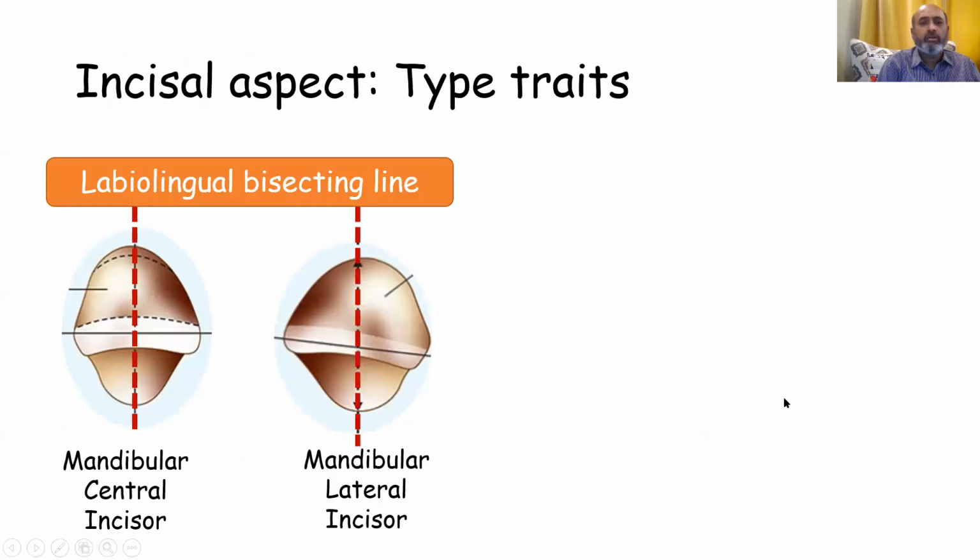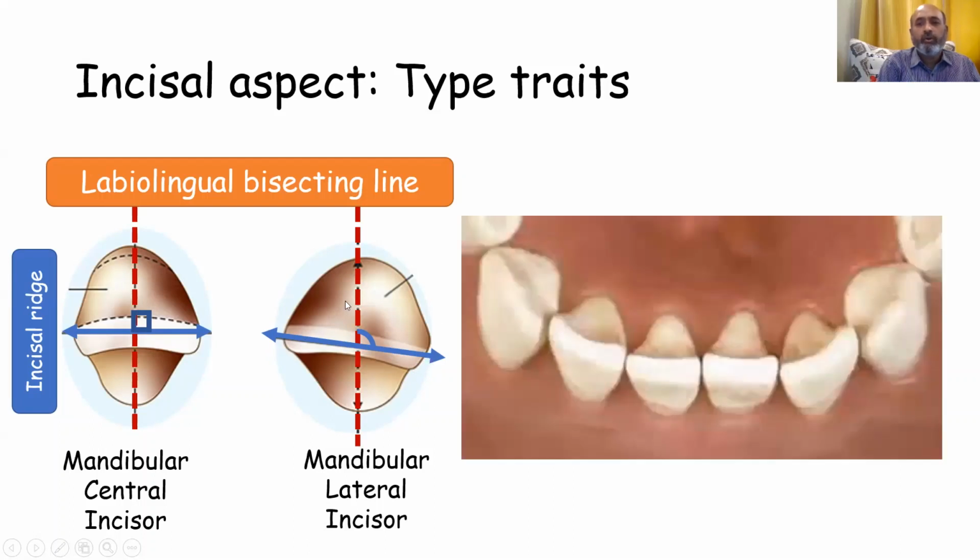Now, when we draw the labial-lingual bisecting line, we see that the incisal ridge in the central incisor is bisecting it, so it forms an angle of 90 degrees, while on the lateral incisor, the incisal ridge goes in a distal slanting position. It's following the arch form.